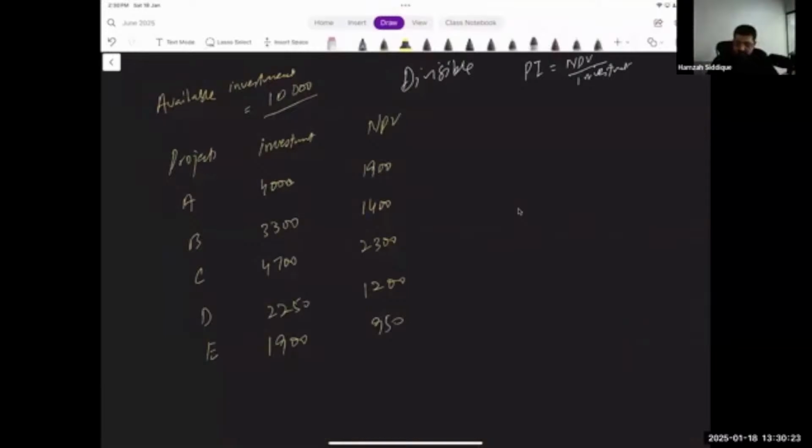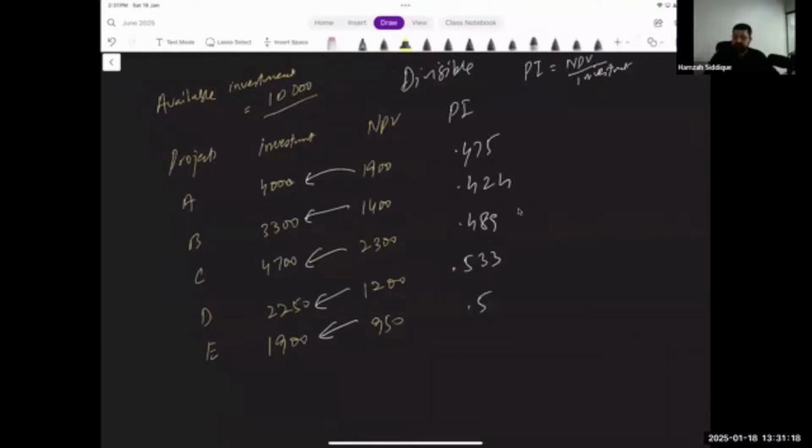So we will calculate the profitability index, NPV divided by investment. 1,900 divided by 4,000 is 0.475. Then 0.424, 0.489, 0.533, and 0.5. Now, this is the profitability index.